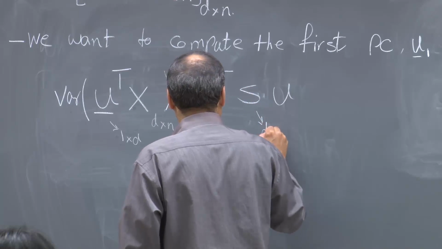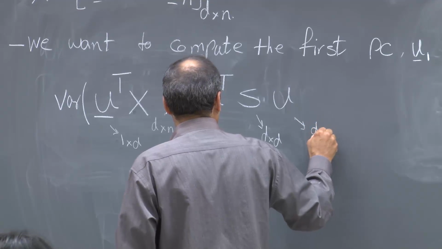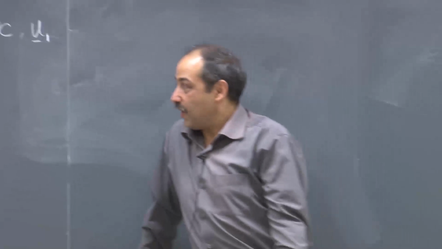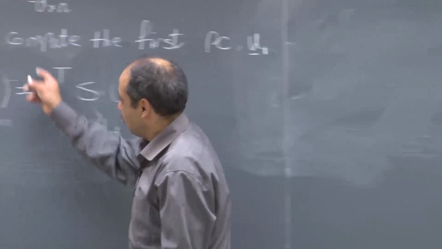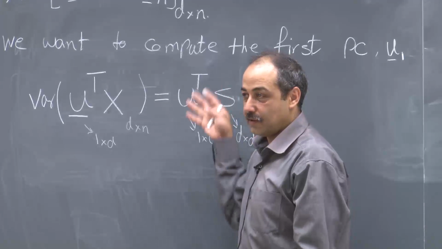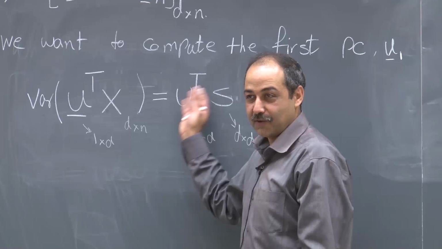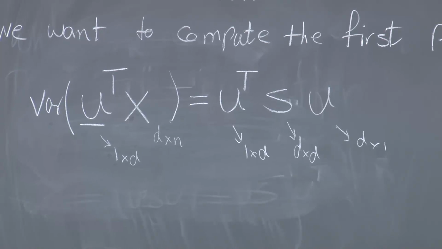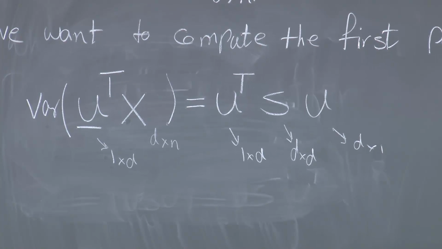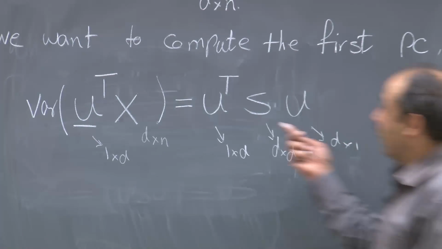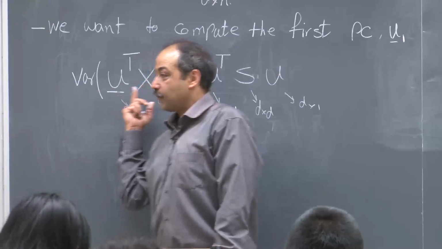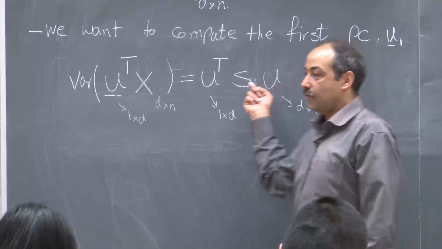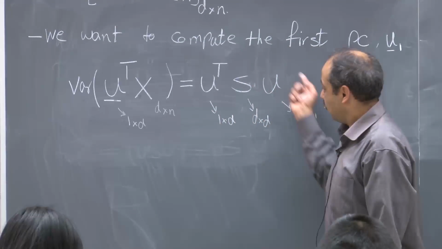S is D by D, this is D by 1, this is 1 by D. You can check your first course in statistics, and definitely in the appendix of the book you see all of these formulas for a linear transformation applied to data: how the mean changes, and how the variance changes quadratically.